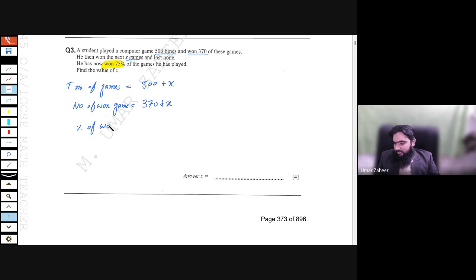The percentage won is equal to the wins divided by the total, multiplied by 100. And it is given that 75% is equal to 370 plus x divided by 500 plus x, multiplied by 100.